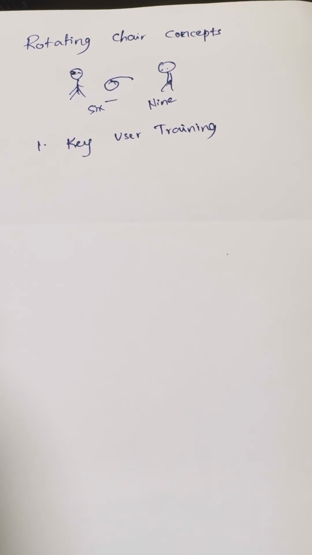But when you teach the person, you have to think he is seeing SAP screens for the first time and doesn't know what the header is, what the item is, what kind of data will be available in the header, and what kind of data in the item. So when you train them, you have to step into their shoes and think that he doesn't know anything. I have to explain slowly, clearly, carefully.